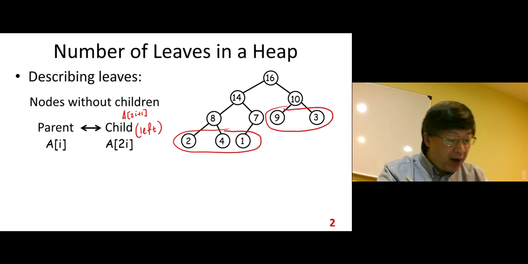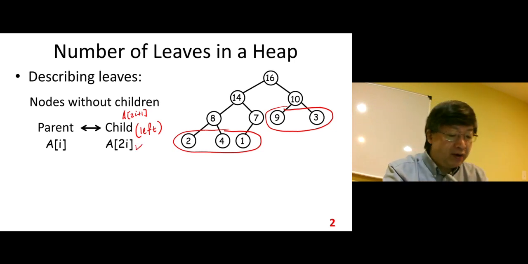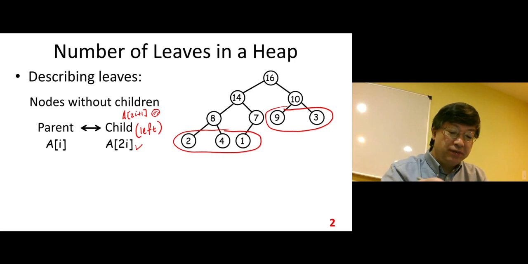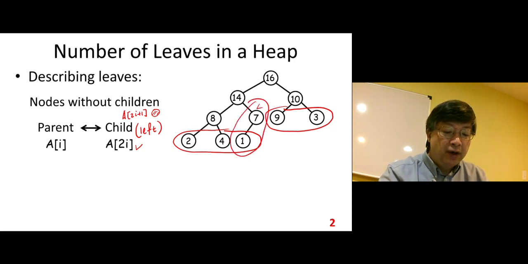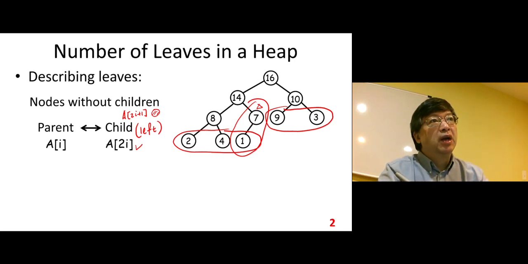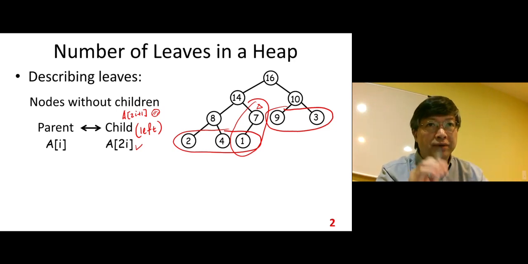But here it is better to use the left child representation, not the right child representation. Why? The answer is easy. Look at this example. This node has a left child but no right child. Based on our observation, if a node is not a leaf, then it must have a left child node.